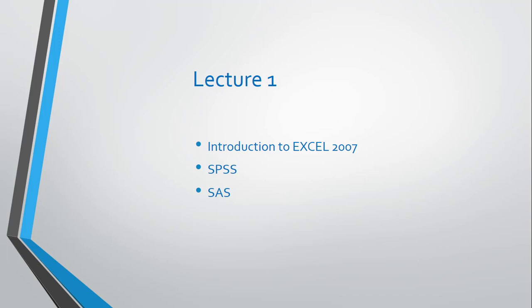In this lecture, I will talk briefly about the Excel add-ins of statistical tools, if you don't have one yet, and also about SPSS and SAS. SPSS stands for Statistical Package for the Social Sciences. It's used in many universities, companies, and organizations.